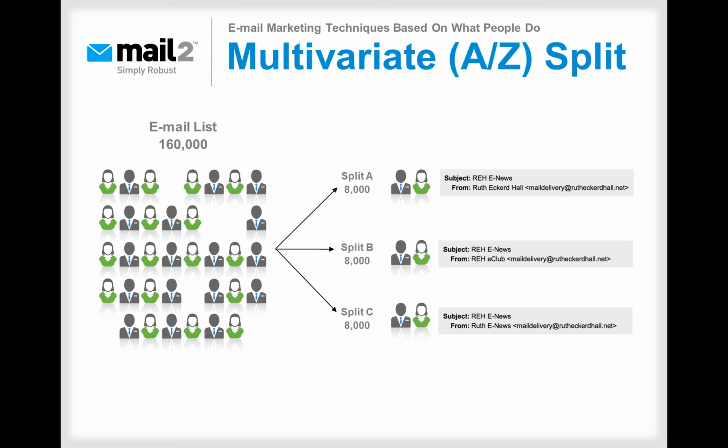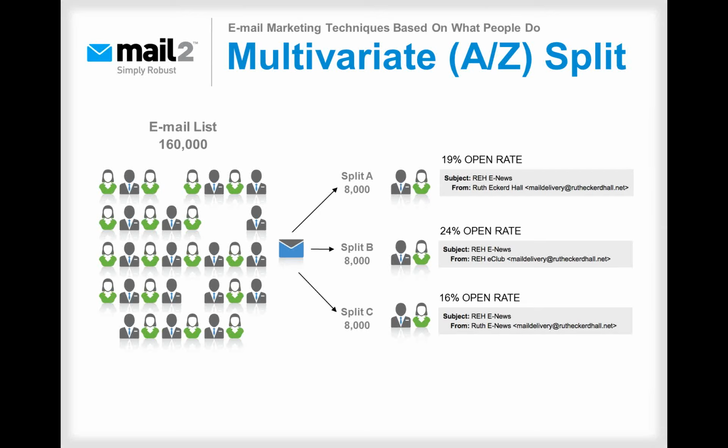The assumption going in was that Ruth Eckerd Hall, since that's the full name, is the most recognizable when it pops up in email and would probably garner the most opens. Ruth E News is kind of catchy, a little bit different type of sender name, and REHE Club is a little bit more obscure in my opinion when you first look at it. You know, an acronym, what does that all mean?